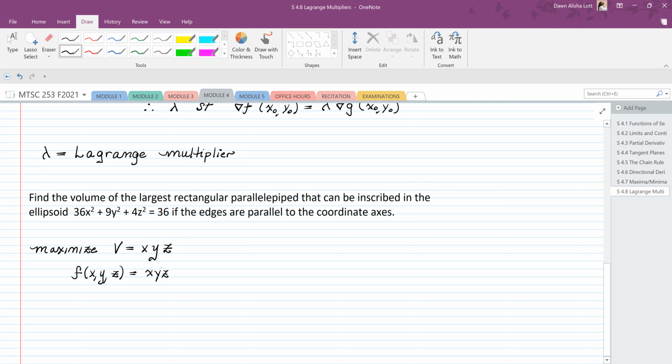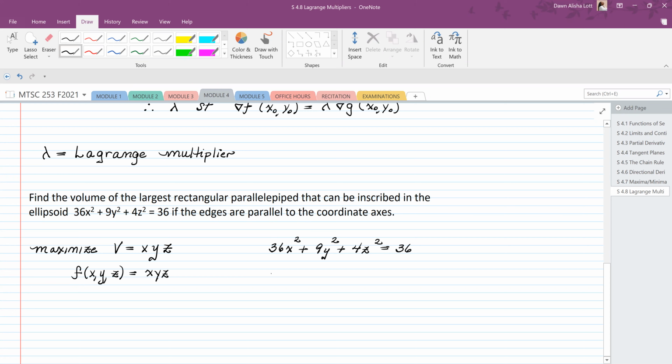And my constraint was that 36x squared plus 9y squared plus 4z squared equals 36.